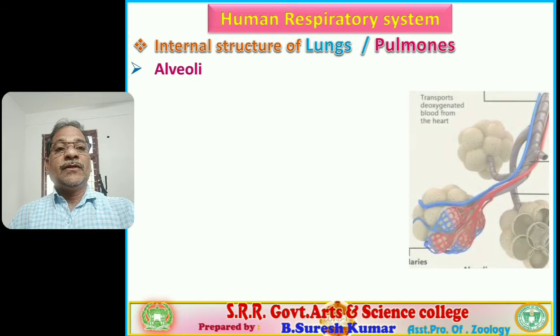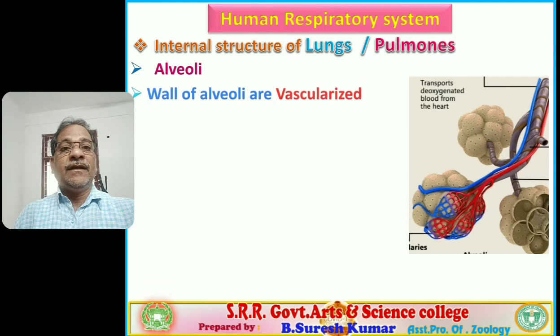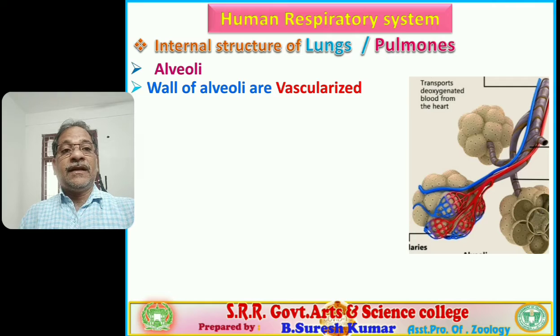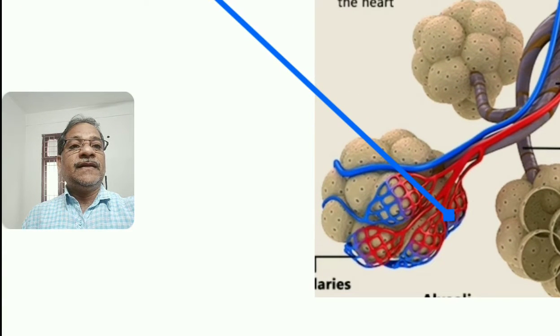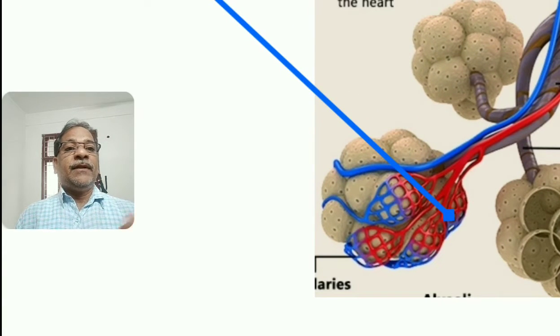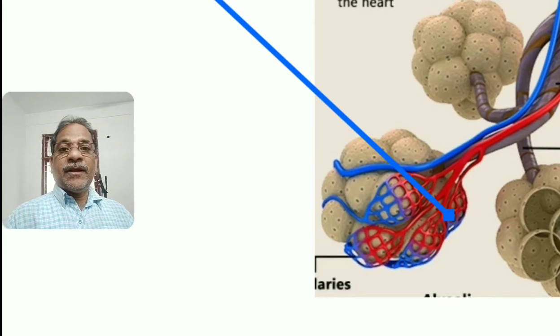Remember, the alveoli are termed as miniatures of the lung, structural and functional units of the lung. Why are they termed structural and functional units? Let us see. The walls of the alveoli are vascularized structures. You observe. The wall of alveoli is supplied with a rich capillary network of pulmonary artery and pulmonary vein.